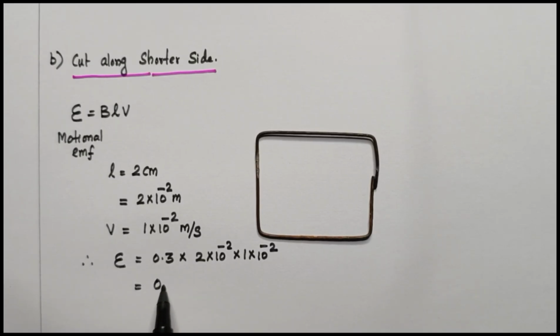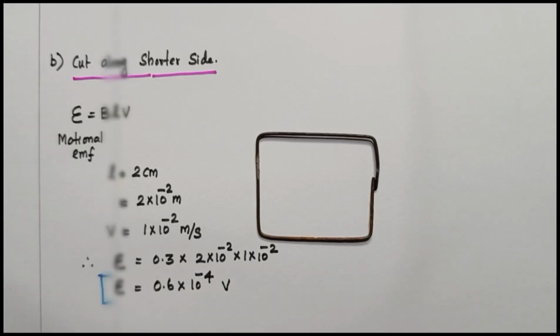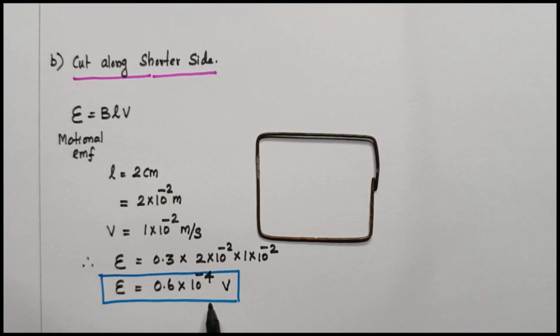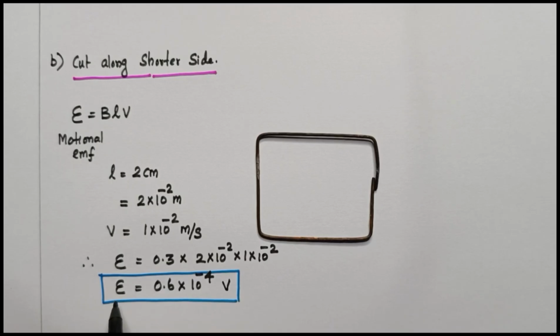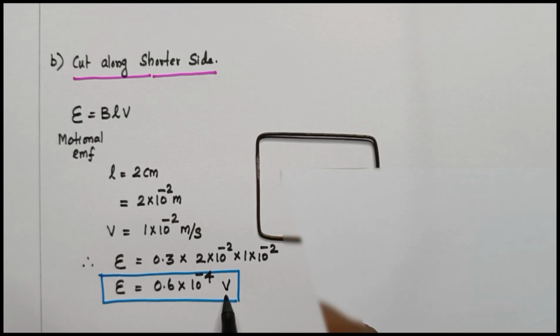Therefore, this is 0.6 into 10 to the power minus 2 into 10 to the power minus 2, which is 10 to the power minus 4. Unit of motional EMF is volt. So this is the answer for the second subdivision. That is, if there is a cut along the shorter side, the EMF developed across the cut is equal to 0.6 into 10 to the power minus 4 volt.